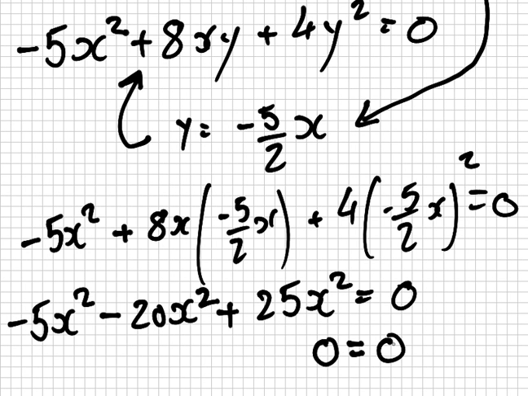What was the answer? 0, 0. But can you look at the equation and see why 0, 0 is an answer? Everything has an x and a y in it, doesn't it?